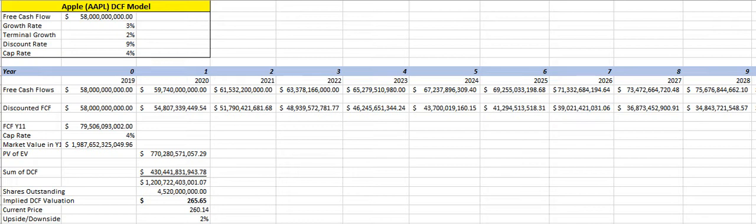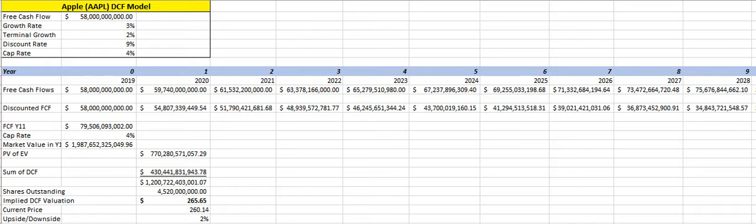So we can see that based on the current closing price of $260.14 on Friday, November 18th, this discounted cash flow model would lead you to believe that Apple stock at the moment is fairly valued.